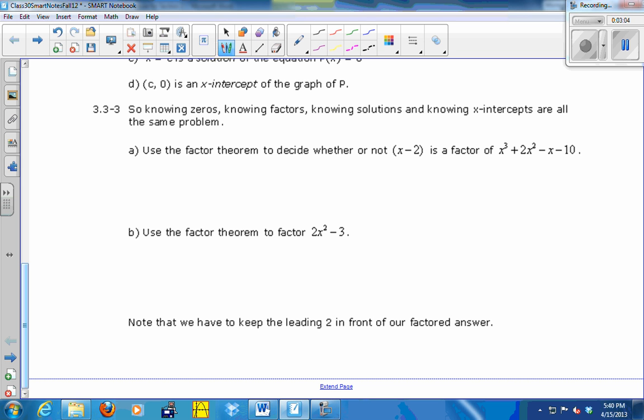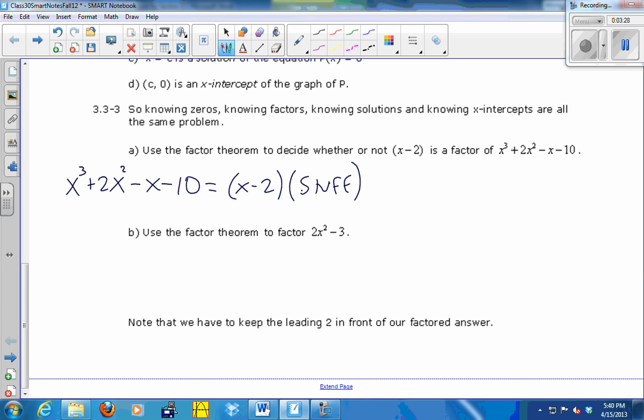So basically, I want to know, can I write x cubed plus 2x squared minus x minus 10 as x minus 2 times some other stuff? That's what it would mean for x minus 2 to be a factor, that I can factor it out, so it would be x minus 2 times some other stuff.